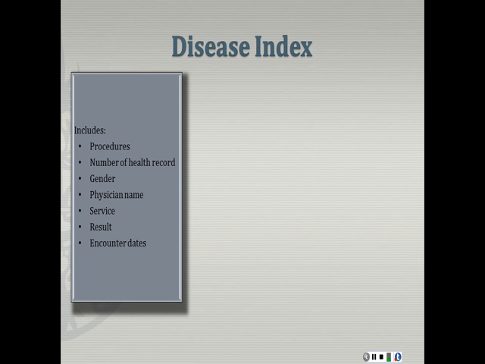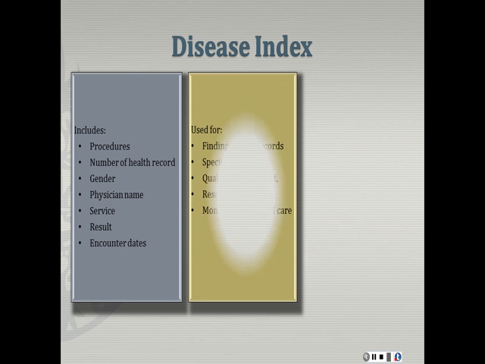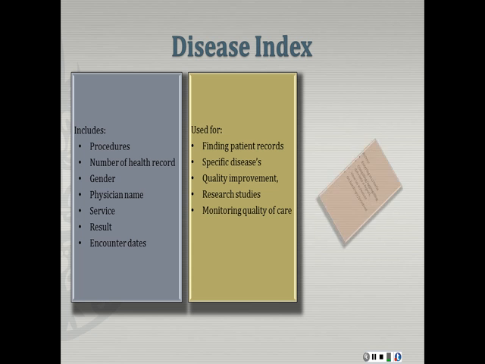Now, the disease index includes procedures, number of health record, the gender, physician name, the service, results of their diagnosis or any testing, and encounter dates. It's used for finding patient records, specific diseases, quality improvement, research studies, and monitoring the quality of care.